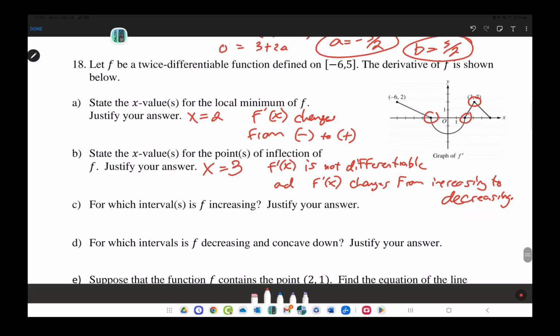It could be a turning point. So we just don't have one of those. Well, actually we do, don't we? I'm missing one. Good catch. Which one am I missing? x equals 0. Here, at the turning point, f prime of x has a horizontal tangent and changes from decreasing to increasing.